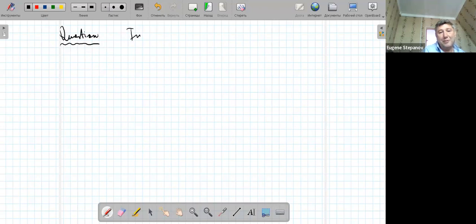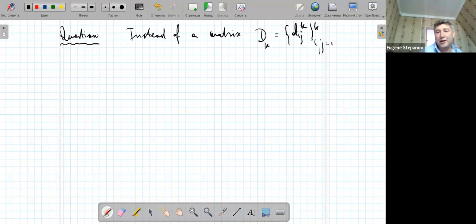So instead of the distance matrix d_k, which is d_ij, i, j from 1 to k, I would like to take something simpler.